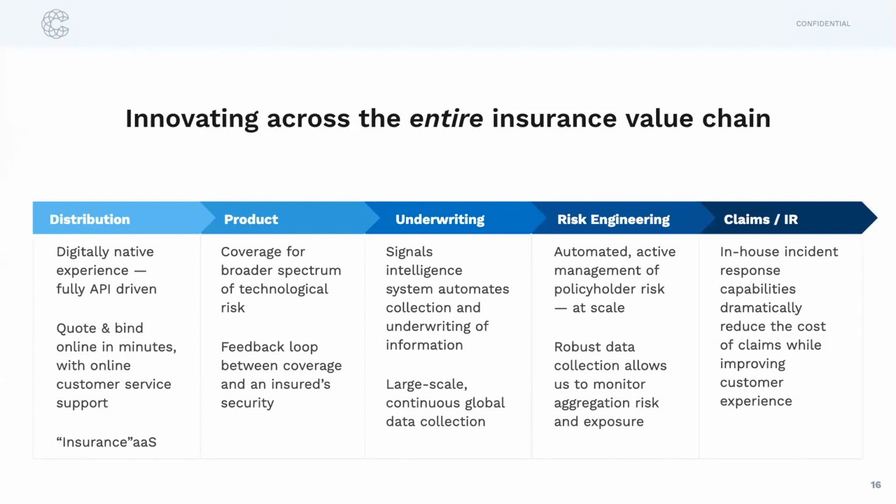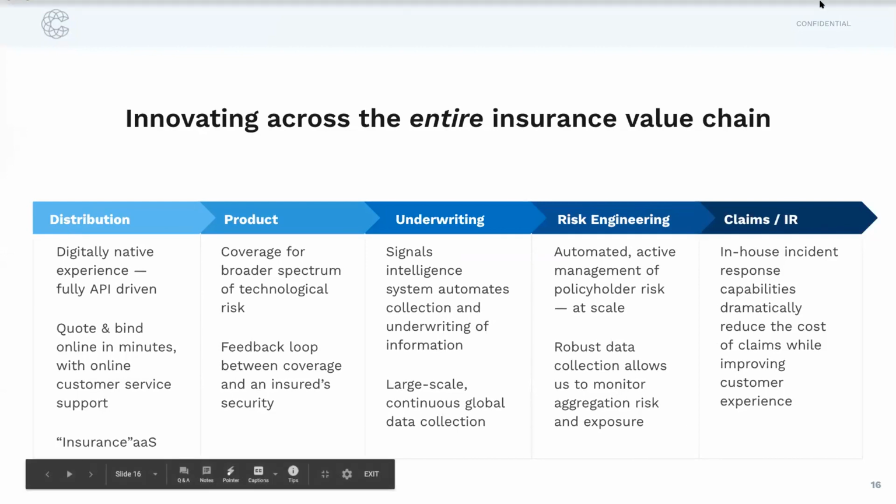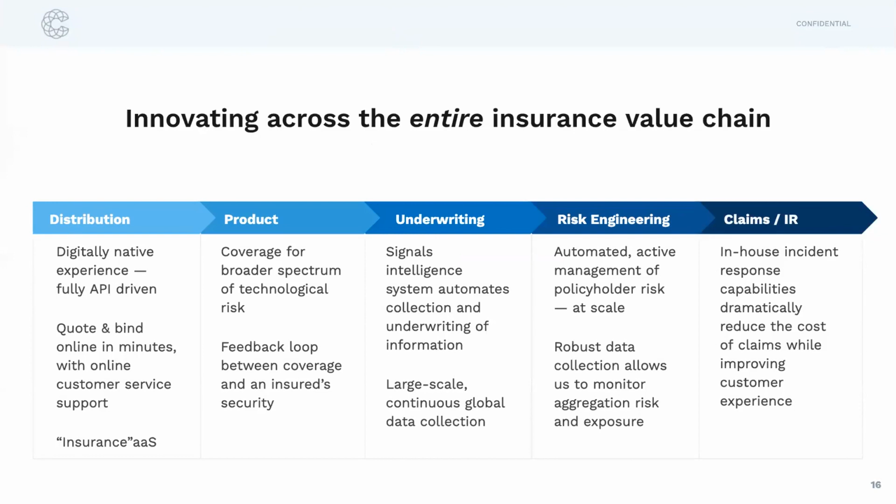It is how we attempt to, in a fact-based pattern, understand what policyholders are doing in their network, make assessments associated with risk, and then correlate them to premium. What this slide attempts to demonstrate is how we're doing that across the entire insurance value chain.